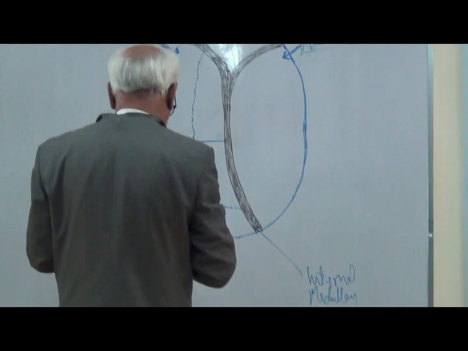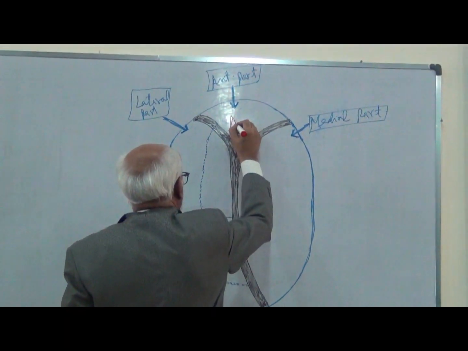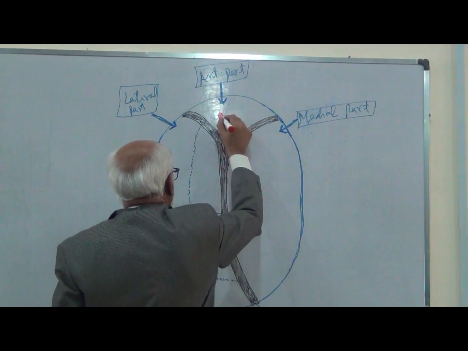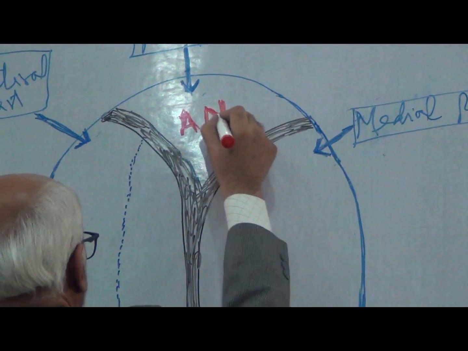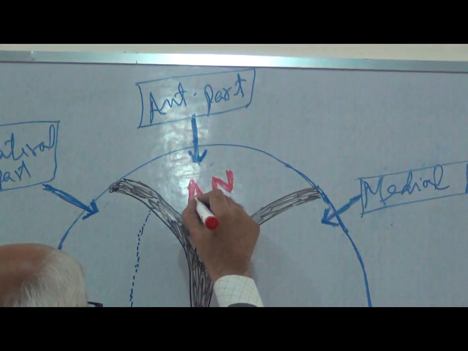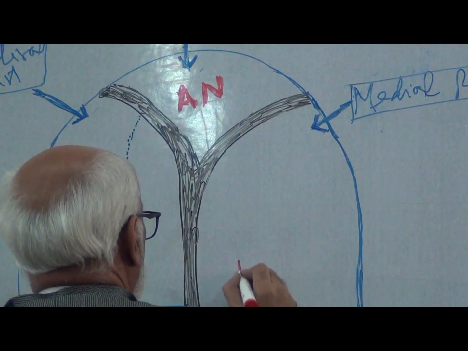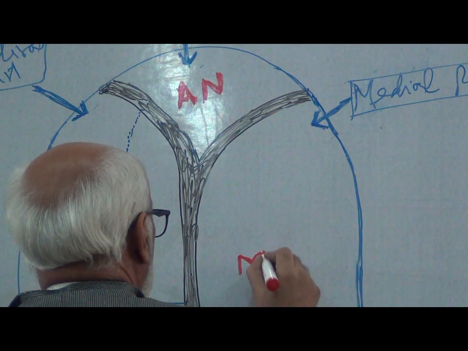Now in each part there is a nucleus. In the anterior part there is one nucleus, the anterior nucleus. In the medial part there is one nucleus called the medial nucleus.